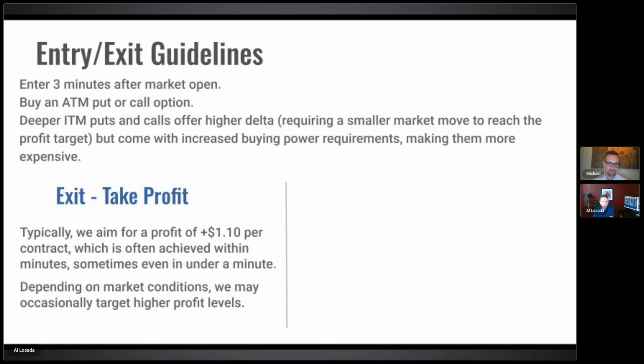So often we achieve this 110 very fast. Depending on your delta, we just need a movement in the market of like 2 or 3 points. If it comes fast, we sometimes have this target already within under a minute, within seconds. We're going to look at a couple of examples in a minute. Sometimes it takes longer.